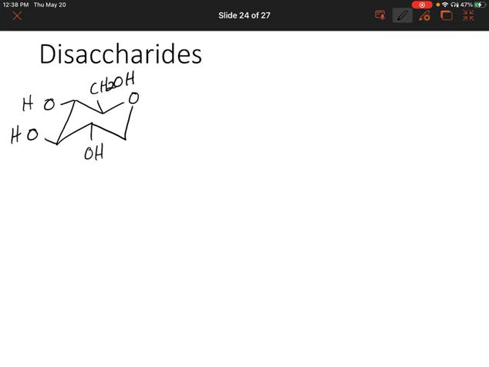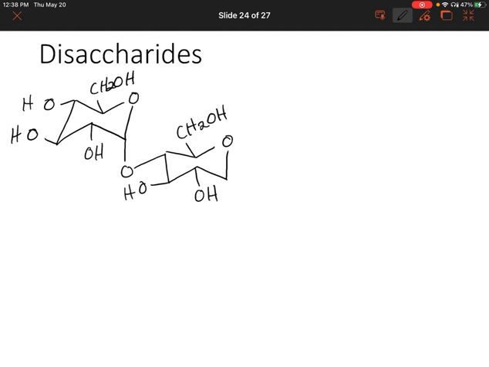But what you can do is connect another monosaccharide to glucose. So let's also draw in our OH groups, and then we'll talk about where we combined these two monosaccharides. So notice that we combined these two through carbon 1 on the first monosaccharide. So that's also the anomeric carbon.